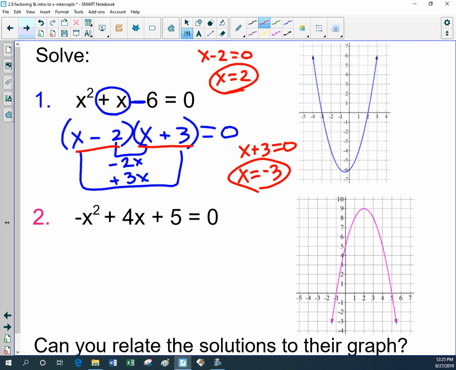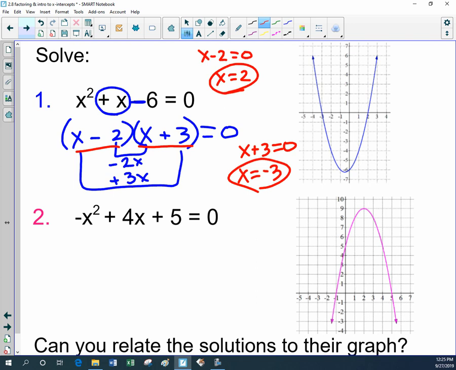Okay, so now let's see how those two solutions relate to the graph of this equation. If we were to graph this equation, this is what the graph would look like over here to the right.